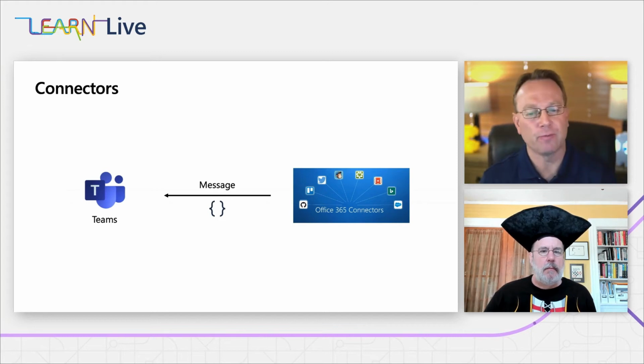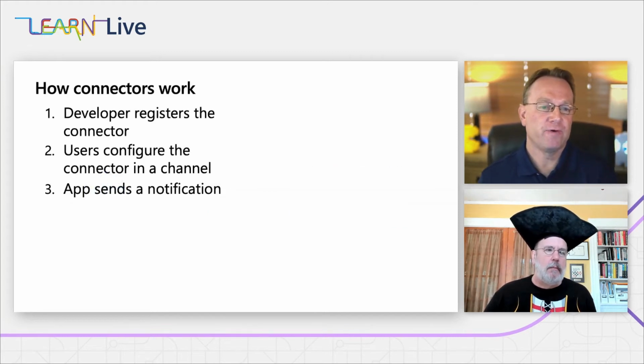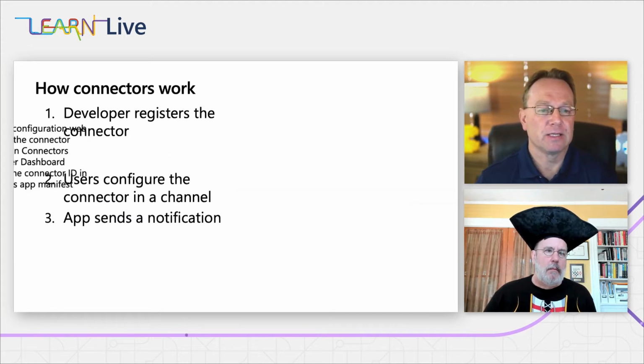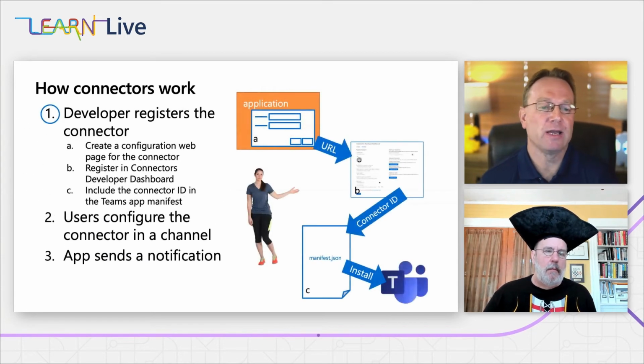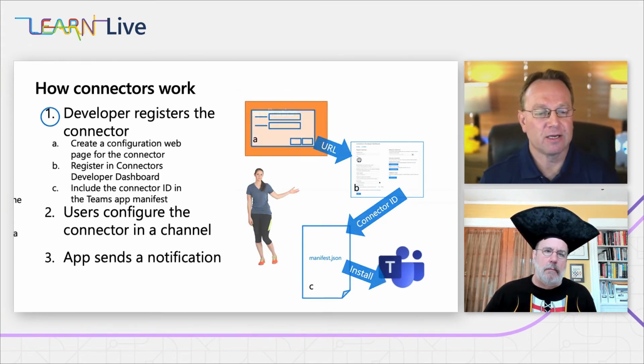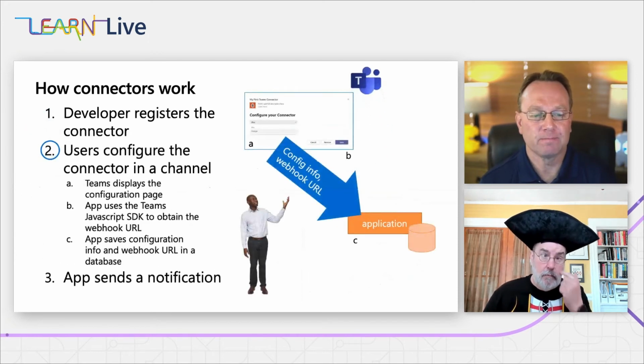And here's the general process. First off, a developer can register a connector. We're going to create a web page for the connector, and register that connector in a developer dashboard. This is something we didn't do previously, and Bob will walk us through it. That's going to give us a connector ID that we're going to need. Once we have that, we can configure the connector in a channel.